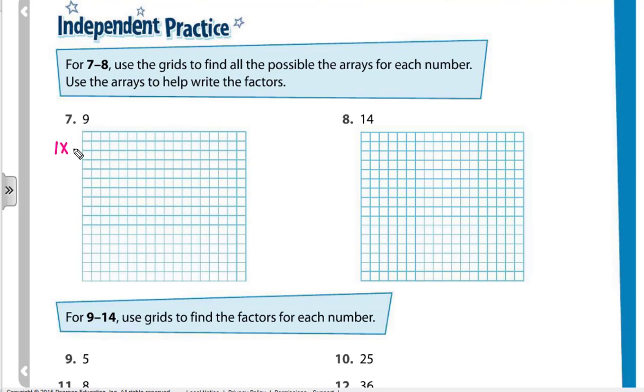1 times what to get 9? So 1 row of how many columns, how many items? Okay, if I use 1 row, how many squares should I use in this row?